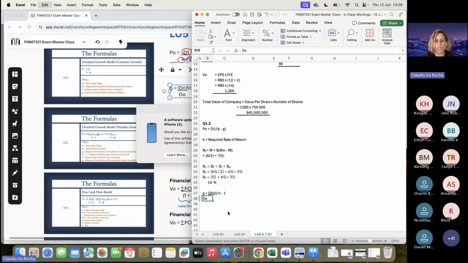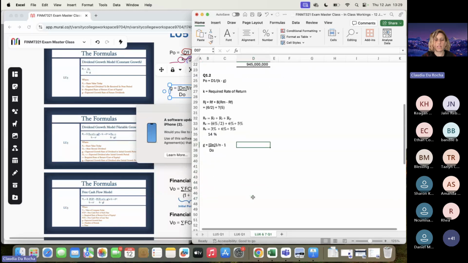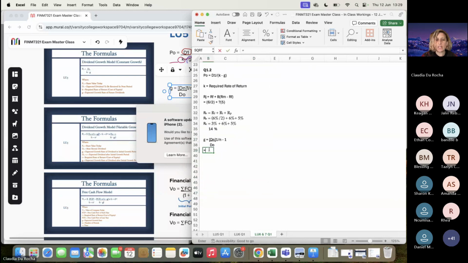The D0 is actually only underneath this part over here. To calculate, we have to say what is our dividend and then calculate the n.